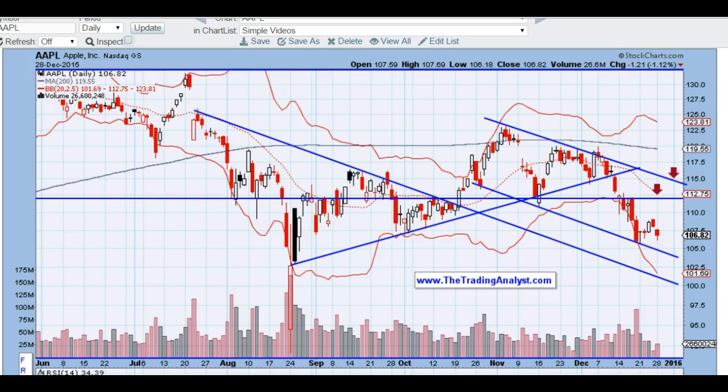If you've been following along, I've been quite bearish on Apple, and I still am in the long run. But short term, I do think that we can get a bounce, if we can get a bounce from 105, potentially up to retest the 112.50 resistance.